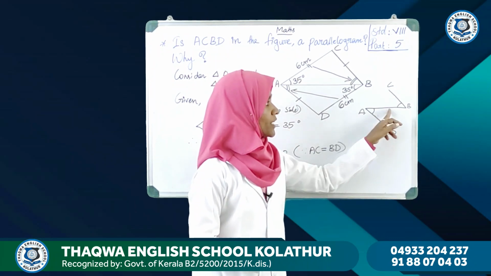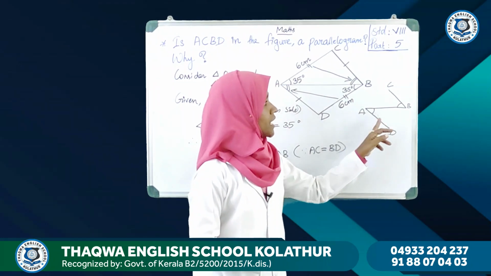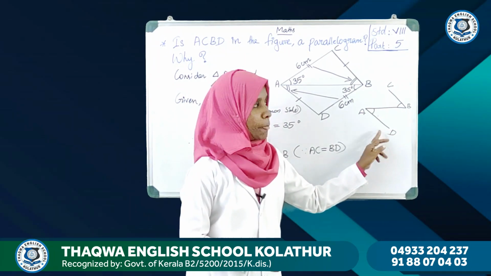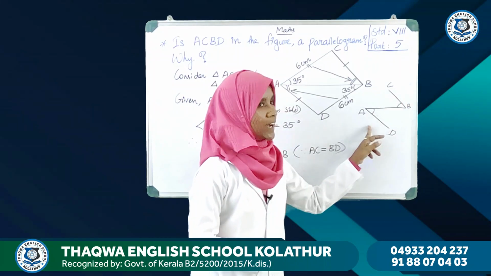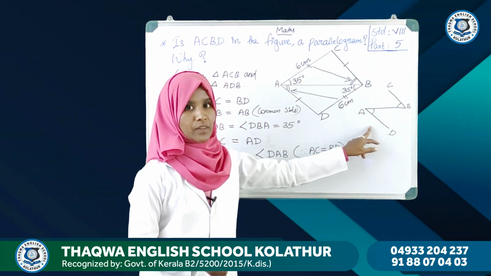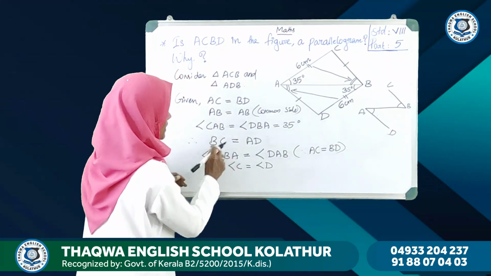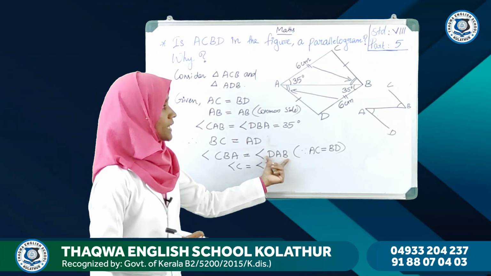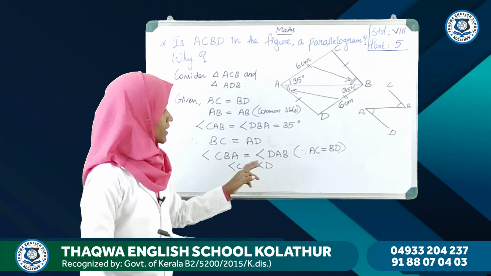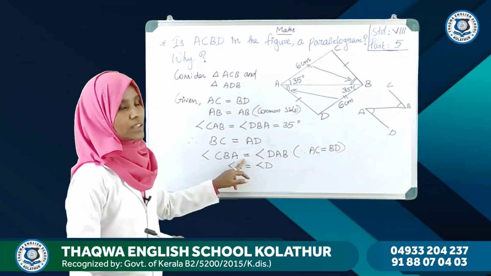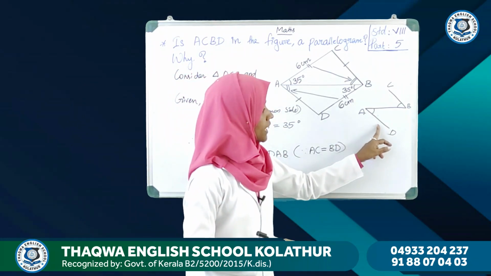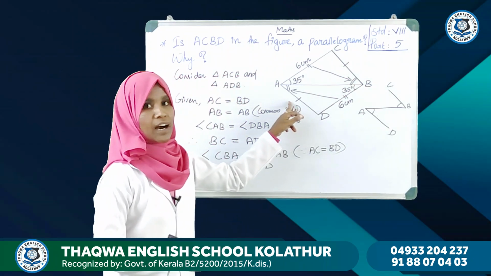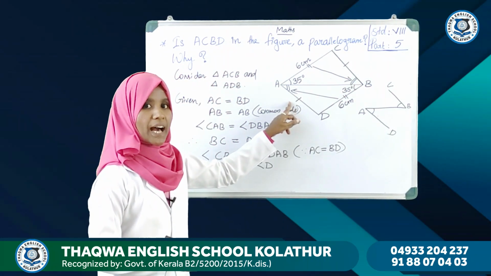If the alternate angles are equal, the lines BC and AD are parallel. Angle CBA and angle DAB are alternate angles and are equal, thus the lines AD and BC are parallel. Here the sides BC and AD are equal and parallel.